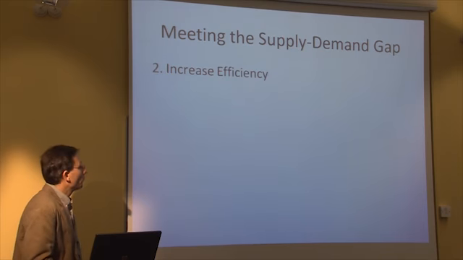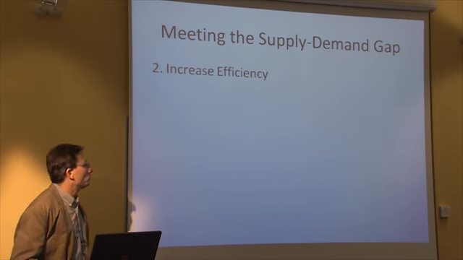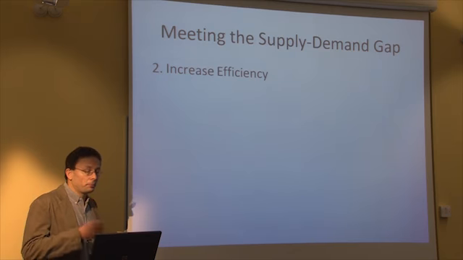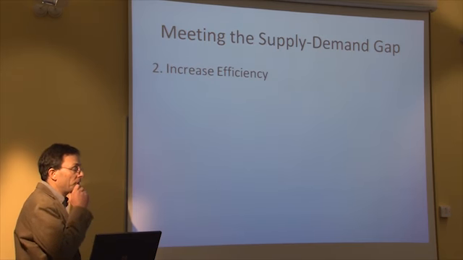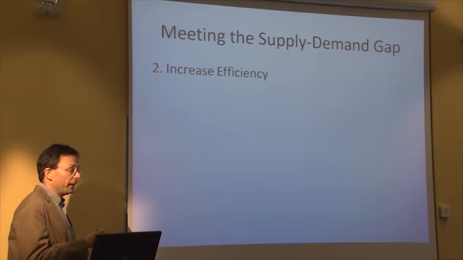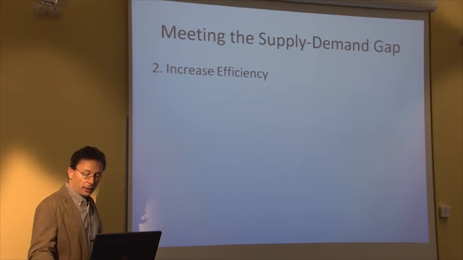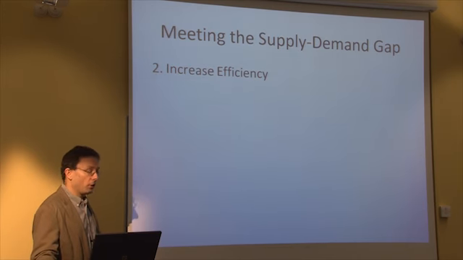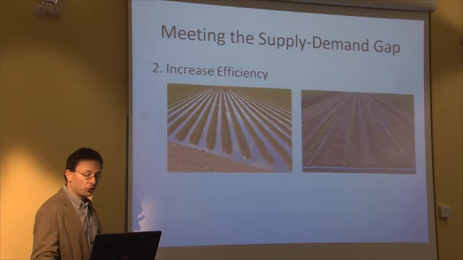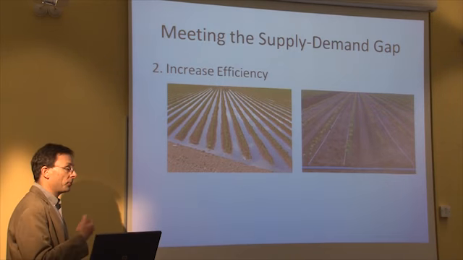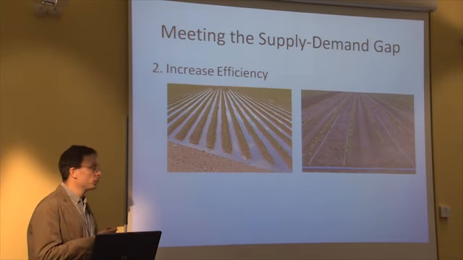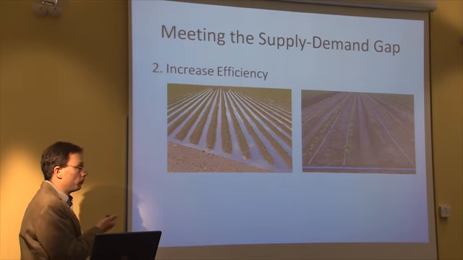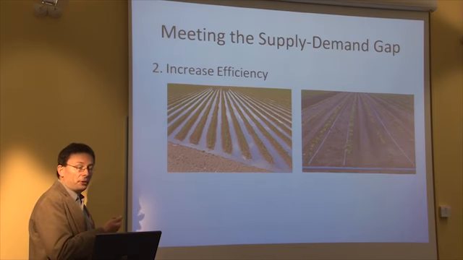The second way to meet this supply-demand gap is to increase efficiency in the way water is used today. There are many examples about the way we can do this. One example is just to change, for instance, the way that we grow the same crop. So here we've got the same crop being grown, but irrigated in a very different way.